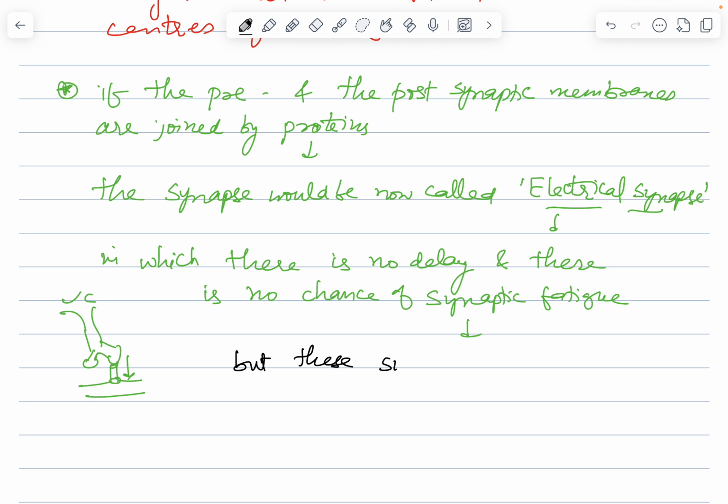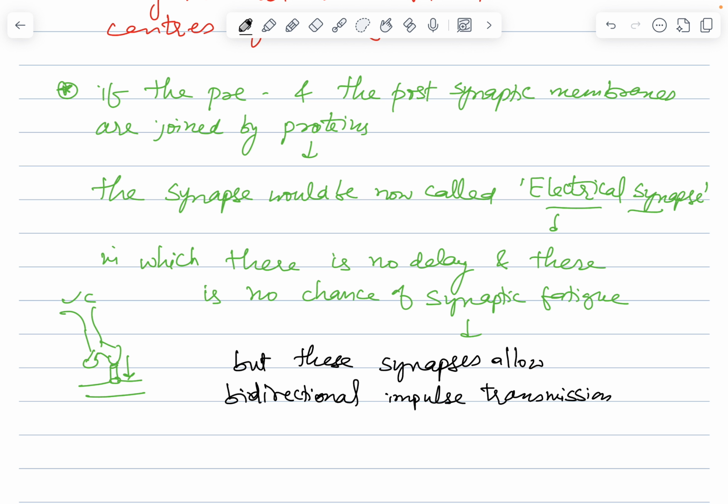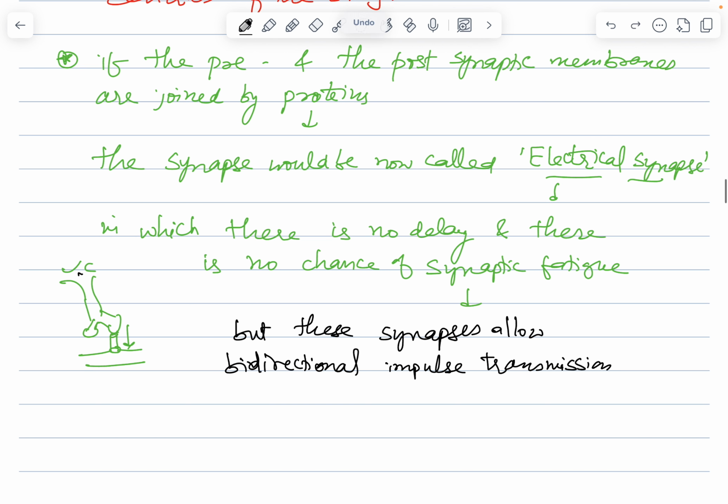So these synapses allow bidirectional impulse transmission, and that's a problem because now the target organ also will be able to control the activities of the neuron, and that is what we don't want. So should we actually have electrical synapses in the body? No. So these synapses do not exist in the body.